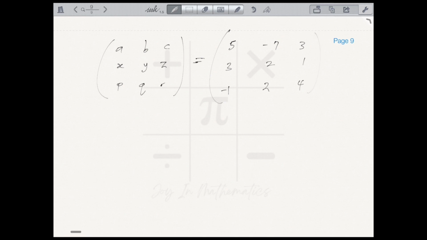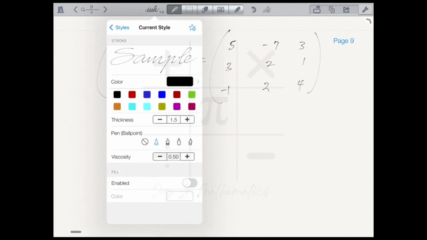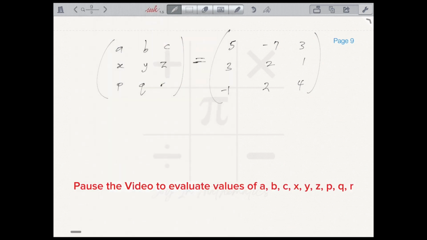If they are equal, then we can find the values of A, B, C, X, Y, Z, and P, Q, R. You can pause the video right now and see what A, B, C are, and in the same vein, what X, Y, and Z are, and finally what P, Q, and R are. So pause the video and give it a try.